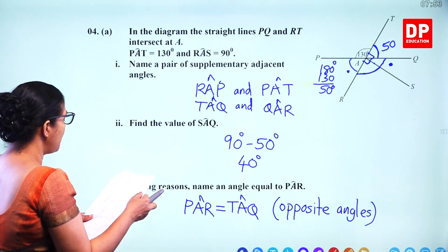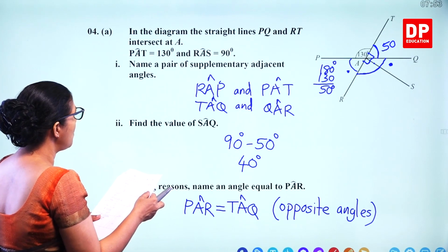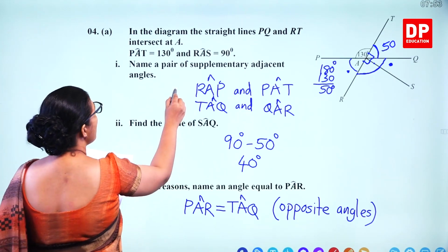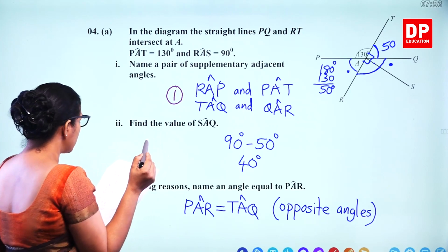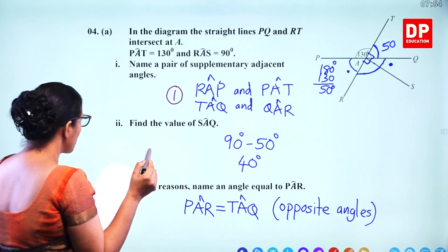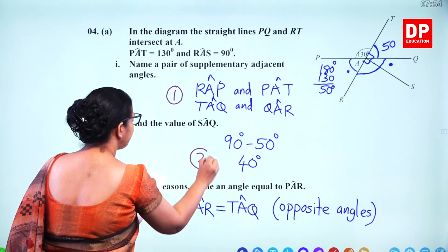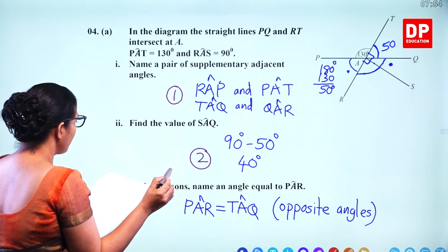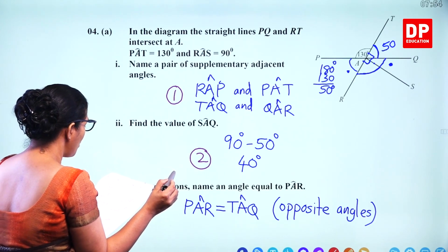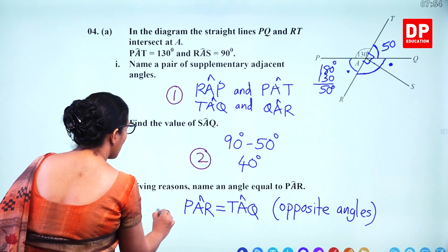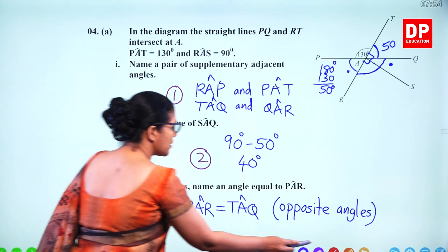You can write PAT, TAQ. So 1 mark for that. And 2 marks for 40 degrees. And TAQ, 2 marks. So 5 marks for this part.